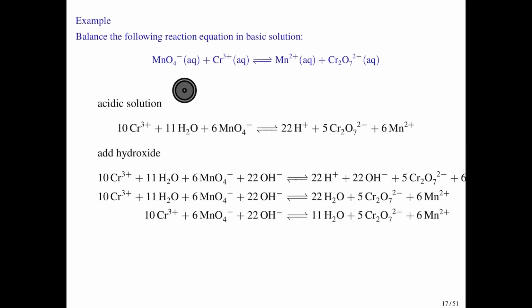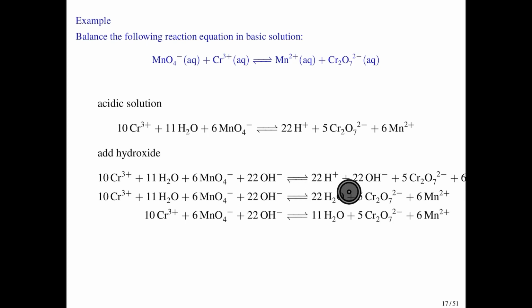You do that by looking at how many H pluses you have in the reaction. Here we've got 22 H pluses on the product side. And what you do then would be to add 22 hydroxides to both sides of the reaction. So I'll add 22 hydroxides on the left and 22 hydroxides on the right.